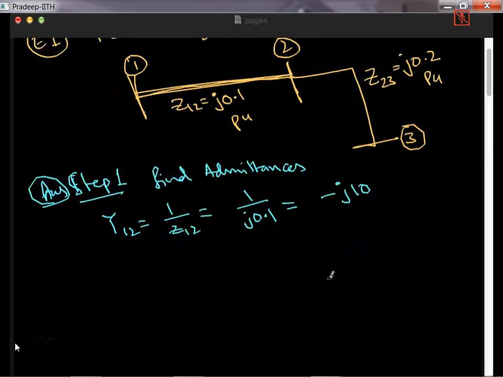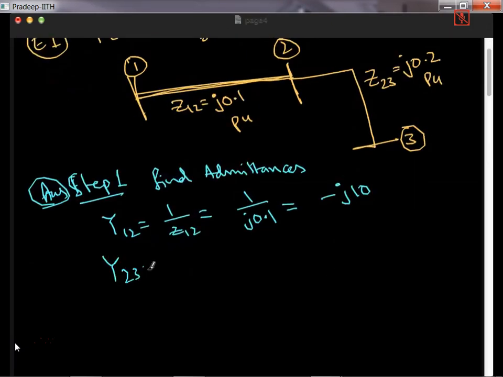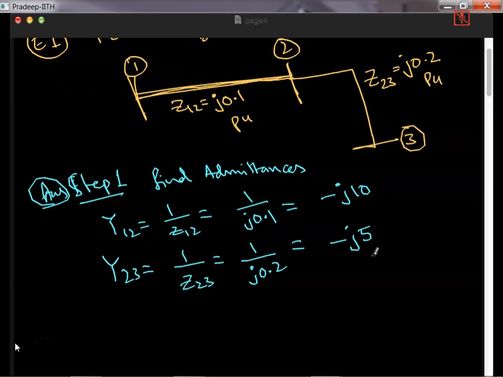Okay. So what is y23? 1 by z23, that is 1 by j0.2, that is minus j5. So step 1 is completed. We have found out y12 and y23.